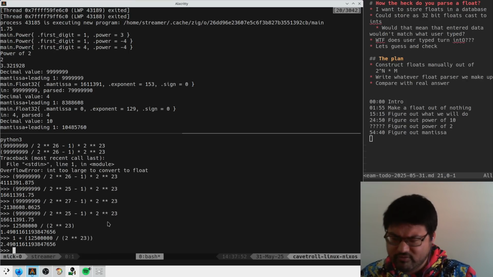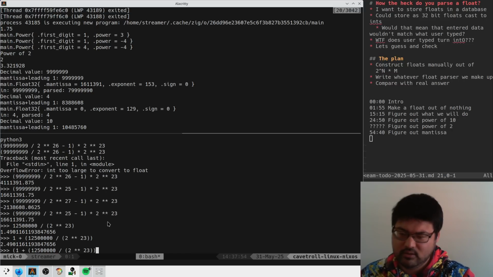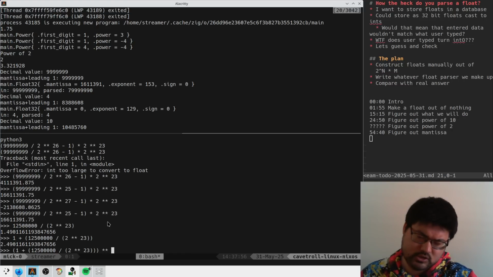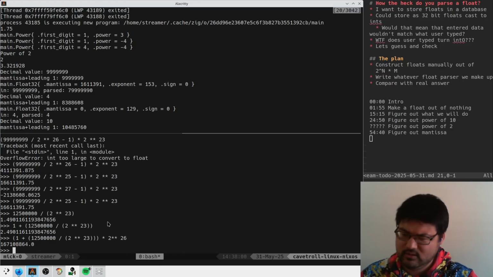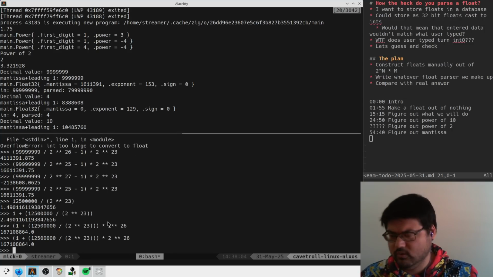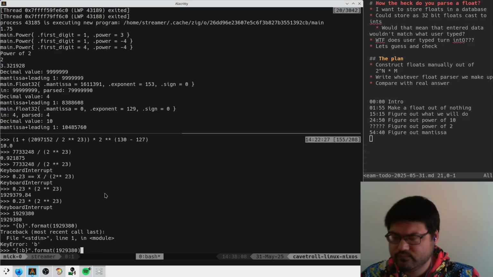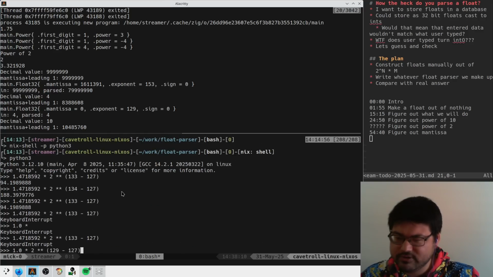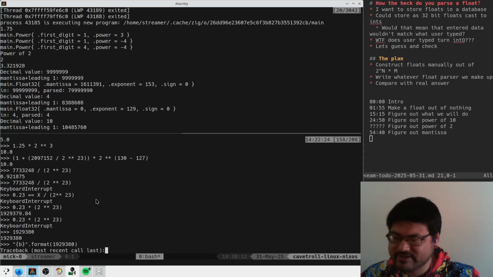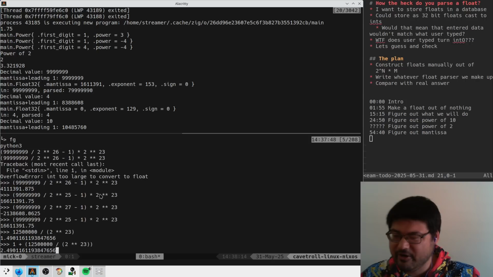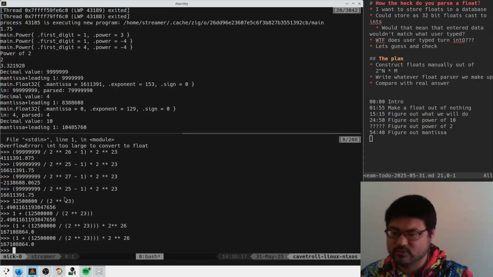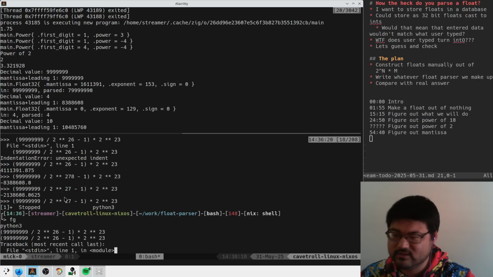And then we do all of this times 2 to the power of 26. Whoa, that's not right. I've lost my numbers. I don't know which of these was right anymore, and it's melting my brain.